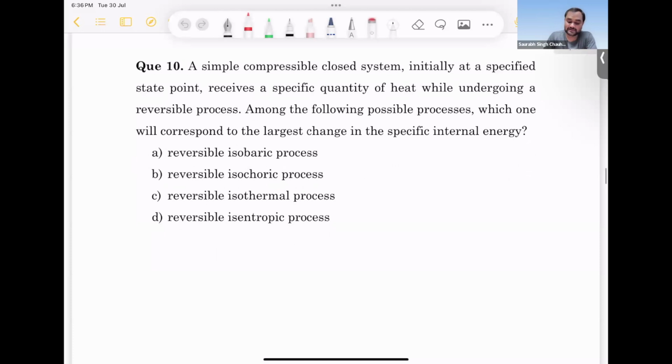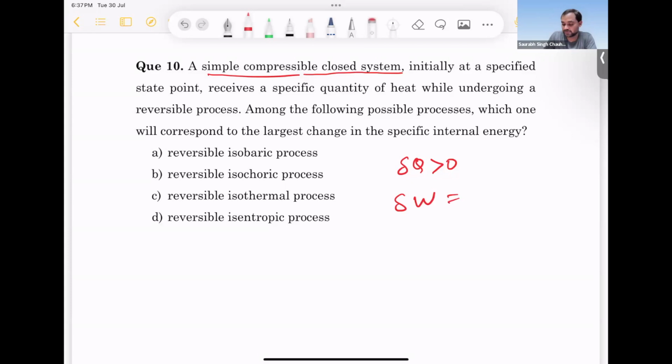So the simple compressible system, right? Closed system means there is no mass transfer, only heat or work transfer. It receives a specific quantity of heat, so del Q is positive. And it is undergoing a reversible process, so the entropy generation is zero.